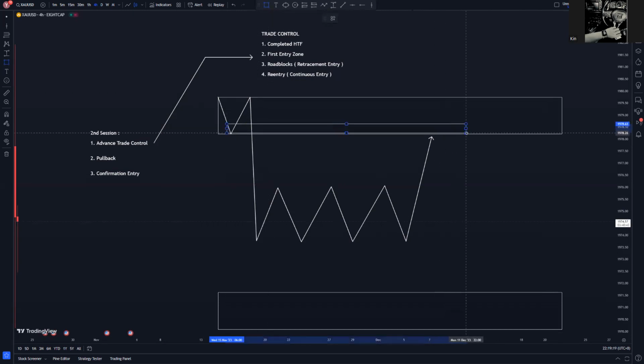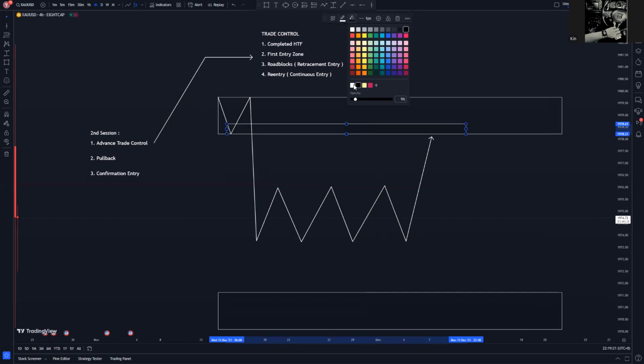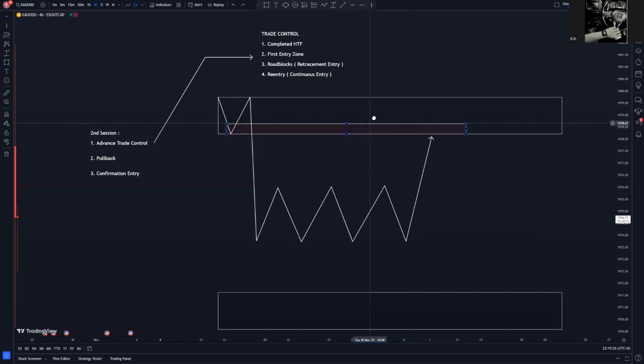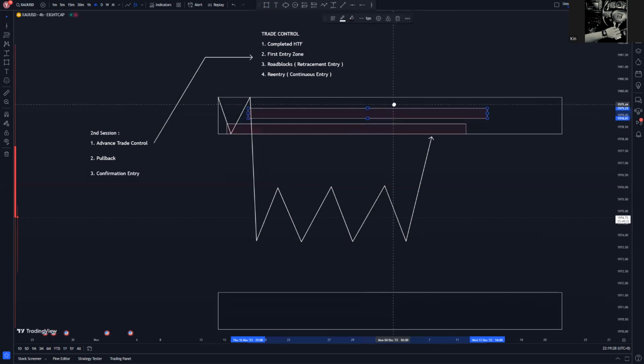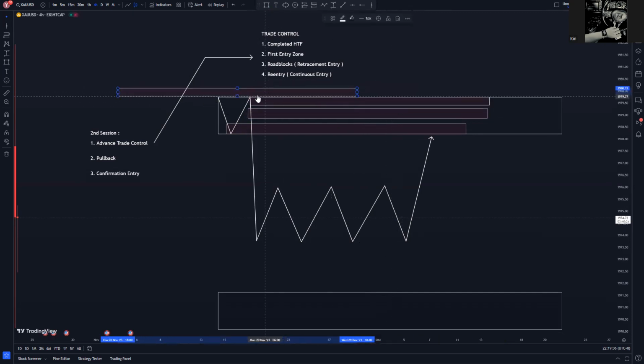The first one, the first entry zone. Sorry, the second one, the first entry zone, the third one, the first entry zone, and maybe we have the fourth one, the first entry zone.